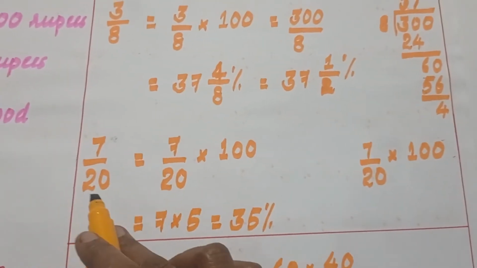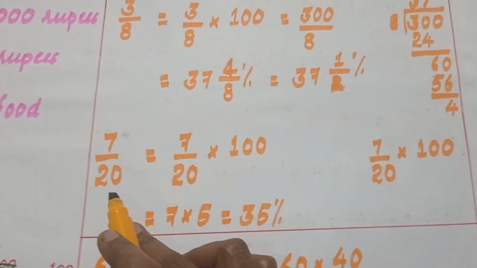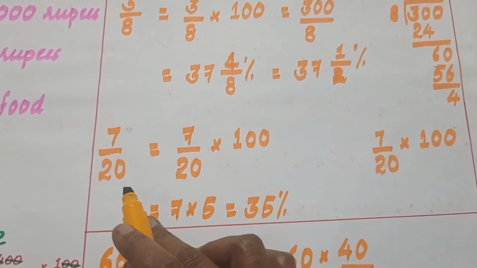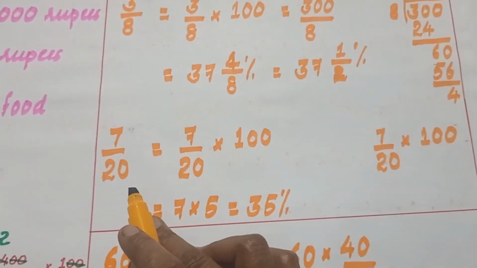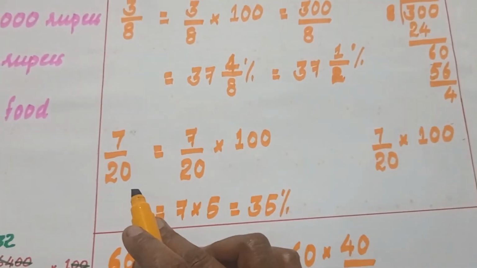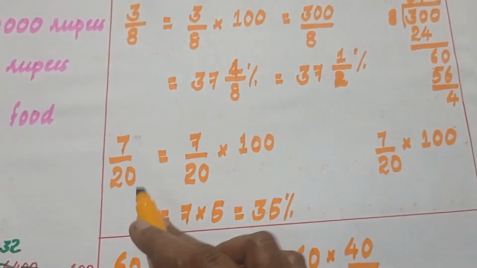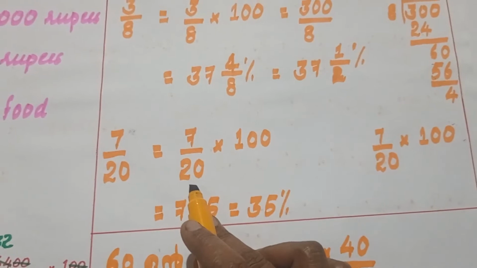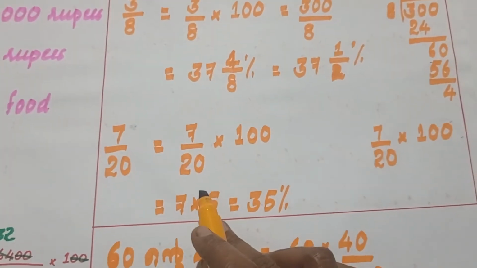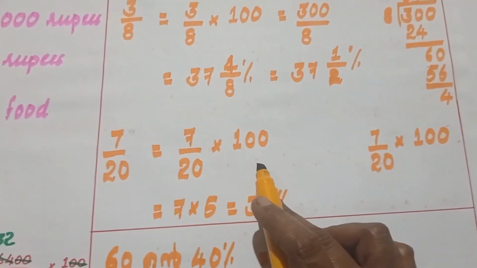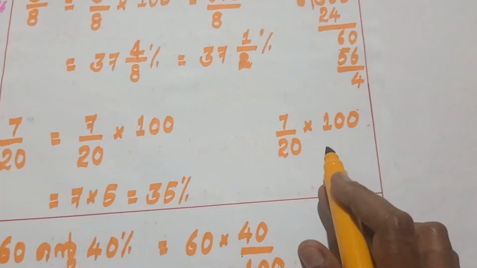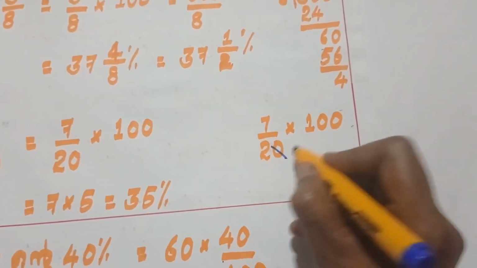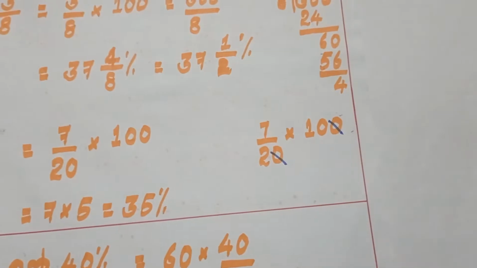Next fraction, 7 by 20. This can be converted into percent. 100 times the fraction gives the percent. That is 7 by 20 into 100. Here we cut 10 and 10.